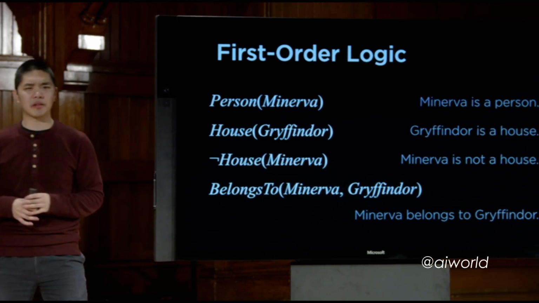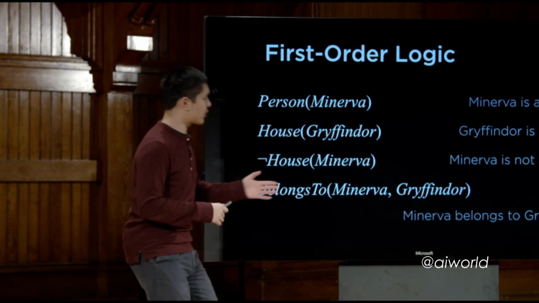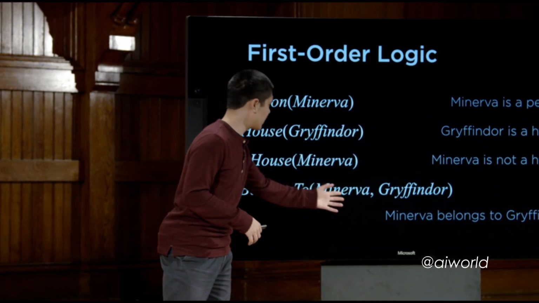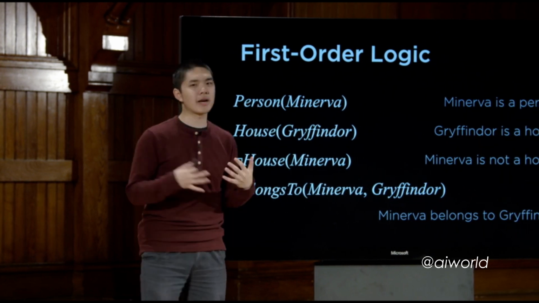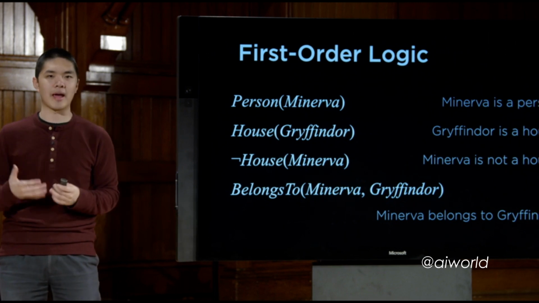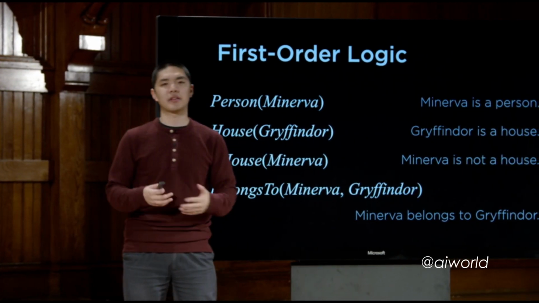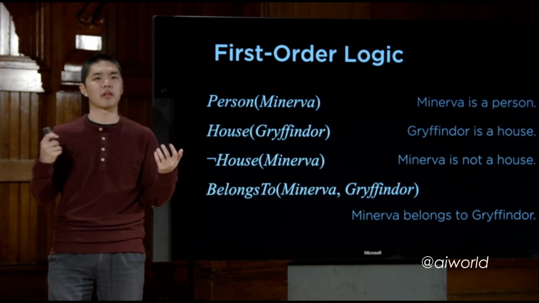So already we can see that first-order logic is quite expressive in being able to express these sorts of sentences using the existing constant symbols and predicates that already exist while minimizing the number of new symbols that I need to create. I can just use 8 symbols for people and for houses, instead of 16 symbols for every possible combination of each.